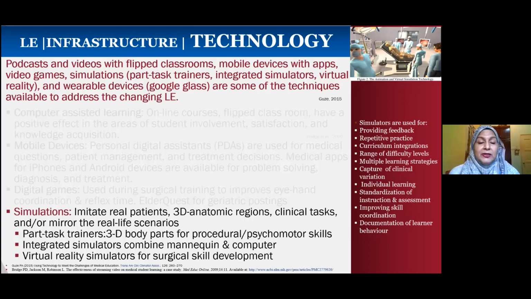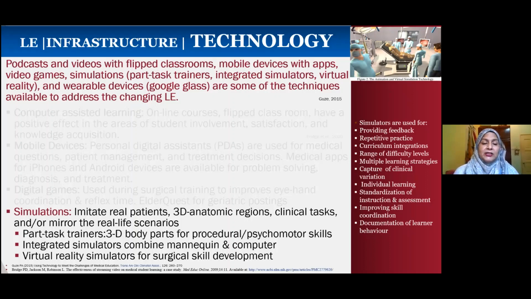Simulation imitates the real patient. There are 3D anatomic models available for the clinical task, and they mirror real life scenarios. Part task trainers or 3D body parts are used for both procedural and psychomotor skills.